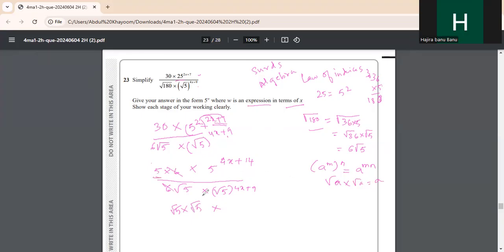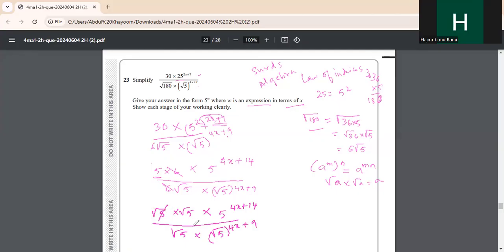I'm writing 5 as root 5 into root 5, times 5 power of 4x plus 14 divided by root 5 times, this one remains the same, root 5 whole to the power of 4x plus 9.